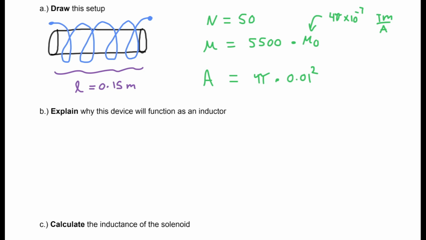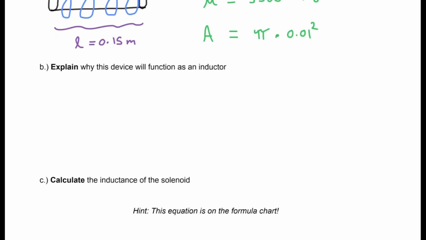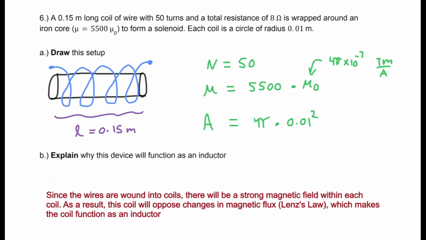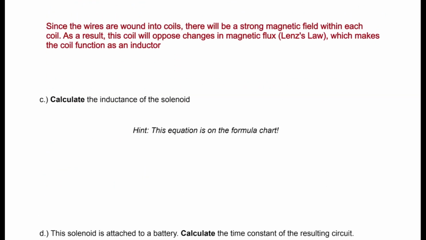So this object will resist current changes due to Lenz's law. There's a strong magnetic field in each of the coils. As a result, it's going to oppose changes in magnetic flux by Lenz's law, which is what we said an inductor does. It's just utilizing Lenz's law.